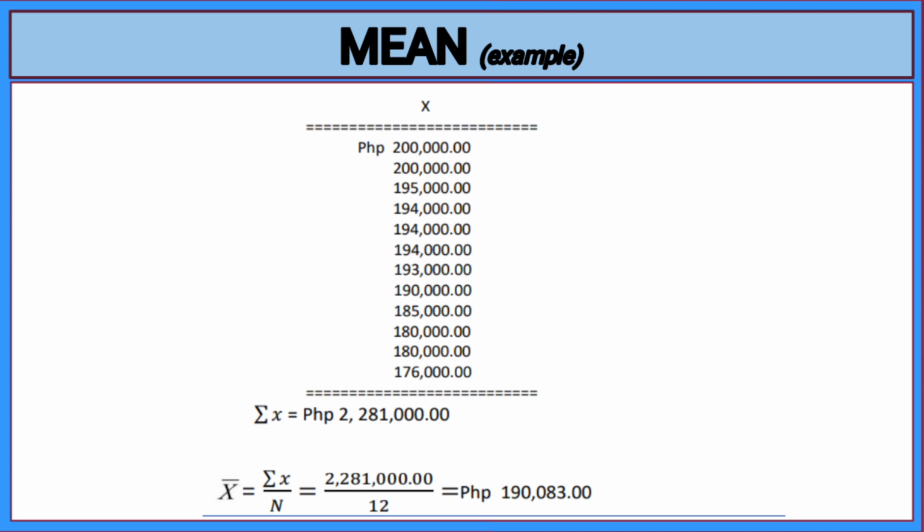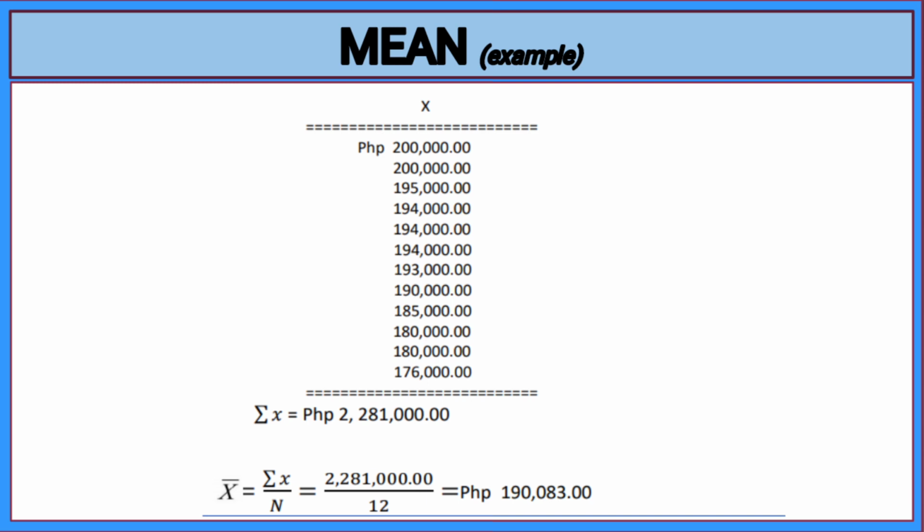It means that since we have 12 workers that have an annual income presented here in our example, our n will be 12. Okay, n is equal to 12. And we need to get the summation of x.